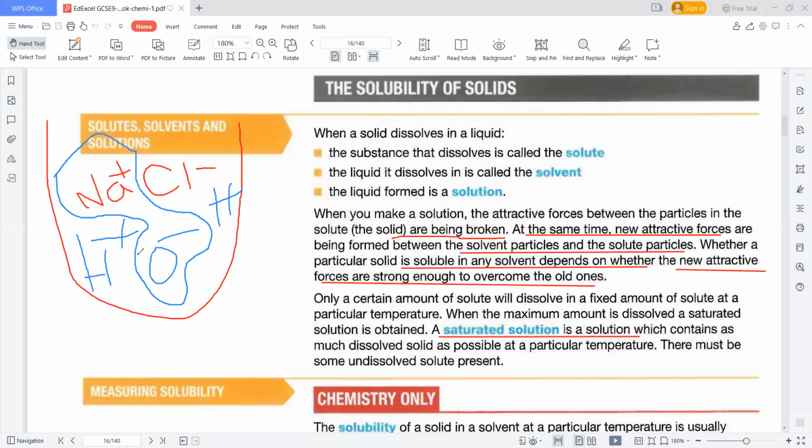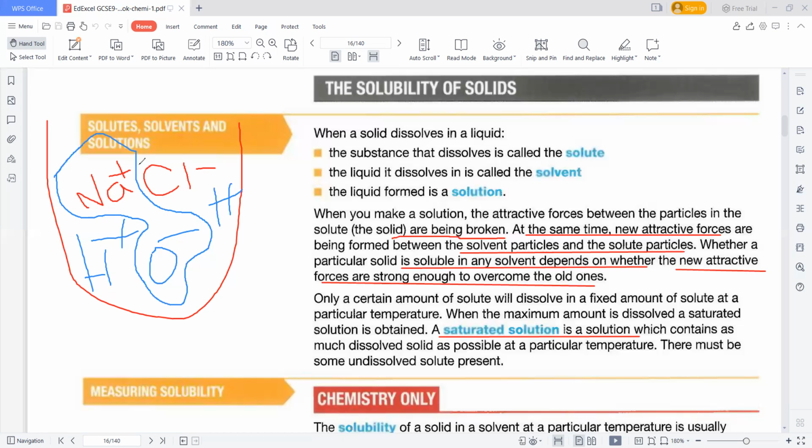Now, the bonding that is created between these two is stronger than the bonding present within the water. Water had weak forces of attraction, but as soon as sodium came into the water, oxygen got more attracted towards the sodium, and the chlorine will attract the hydrogen more strongly. So the older bonds had weaker forces of attraction, and the new bonds have stronger forces of attraction between them.